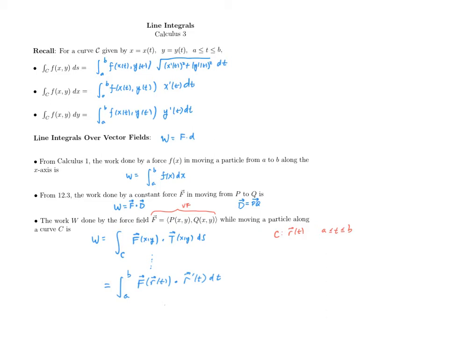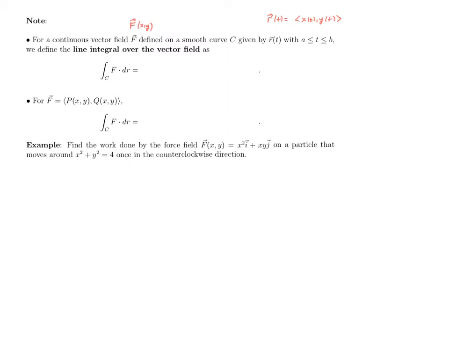Let's make a few more observations related to this formula. To recap what we've seen on this previous page, if we have a vector field f and a curve C that we have a parametric description of, we can define what we will now call the line integral over the vector field, which we will notationally represent as f dotted with dr, which is somewhat of an abuse of notation, but it is a standard convention, so we will go with it.